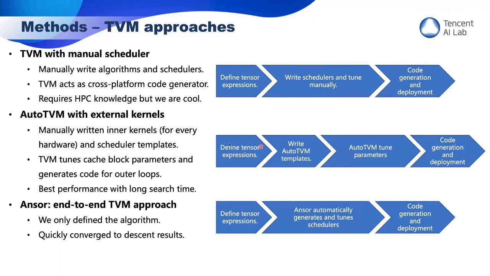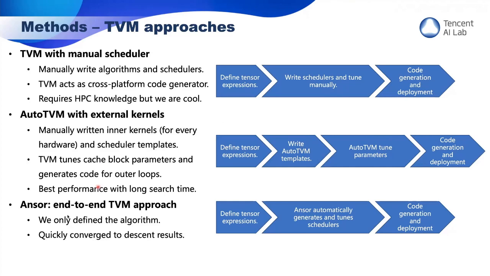So we first define the tensor expressions, prepare the kernels and the AutoTVM templates, and let the entire system tune the parameters. It might run for hours or days, and finally, deployment. The motivation of this approach is to achieve the best performance. If you really care about the last ounce of performance, this is the way to go.